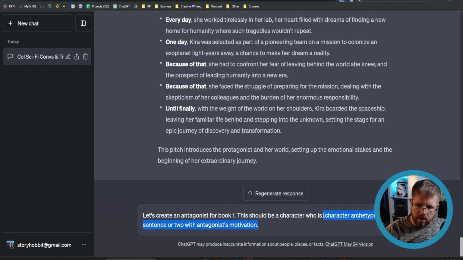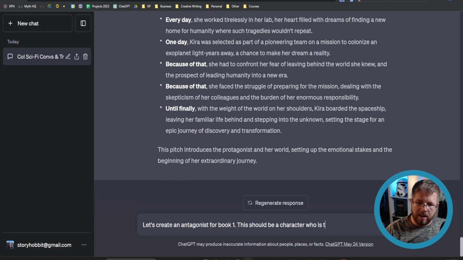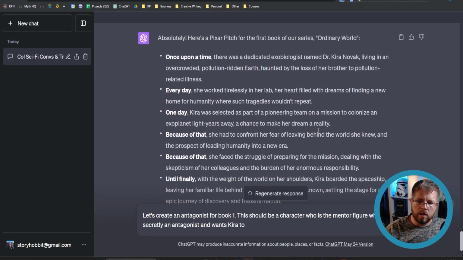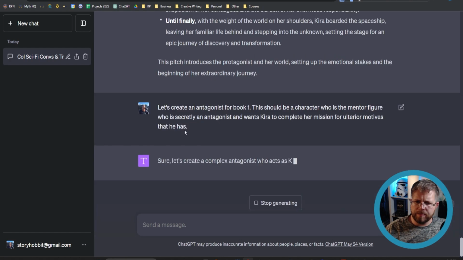So let's actually make this interesting and say the mentor figure who is secretly an antagonist and wants Kira to complete her mission for ulterior motives that he has. I don't have the brain space right now to figure out what his ulterior motives are, so let's just use that.